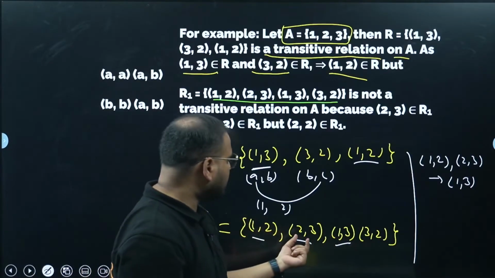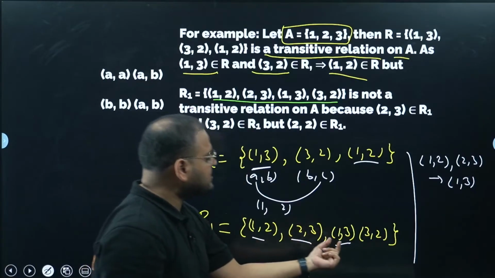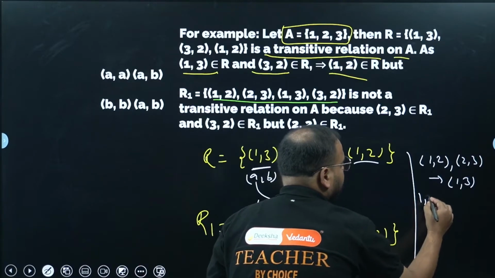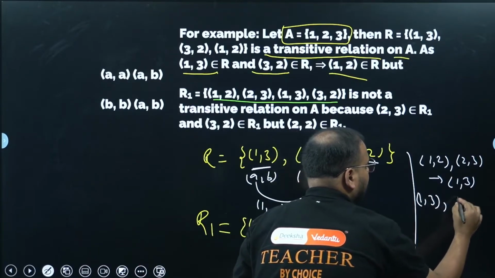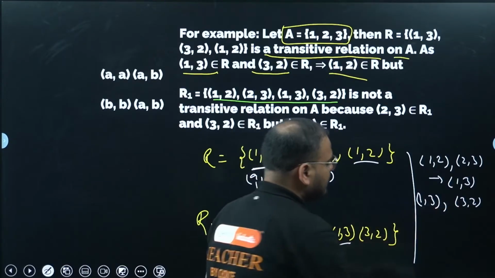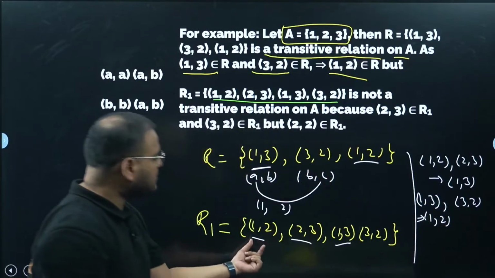Now what about (2,3) and (3,2)? That part will go to next. Let's come here: (1,3) and (3,2). So, sir, AB, BC means (1,2), and (1,2) is there, sir.